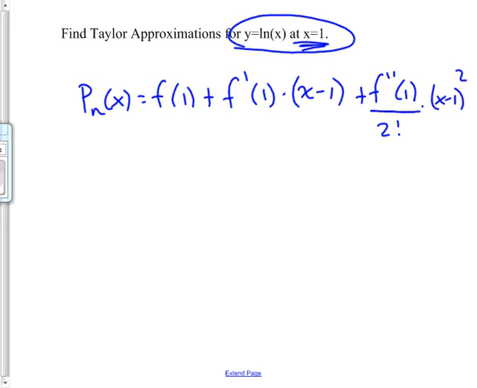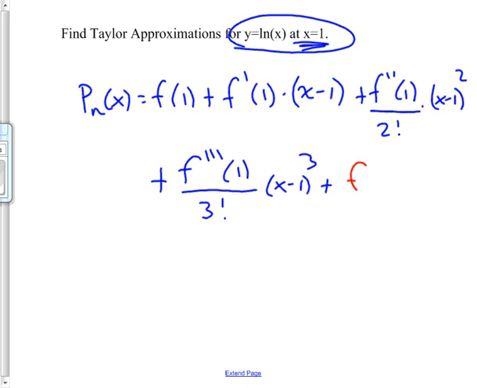You should be thinking about what the next one is going to be. Plus the third derivative at 1 over 3 factorial times x minus 1 cubed, plus, you should get this one, plus, well, what is it?